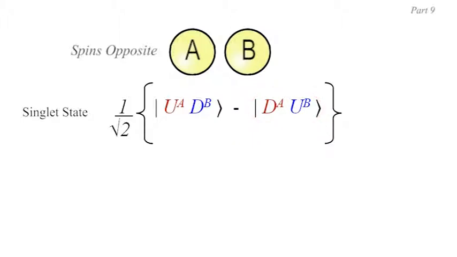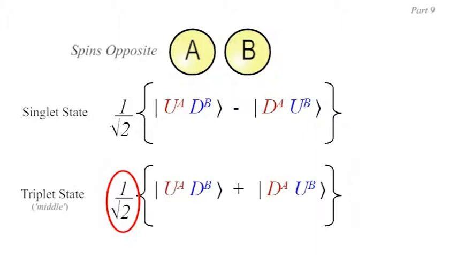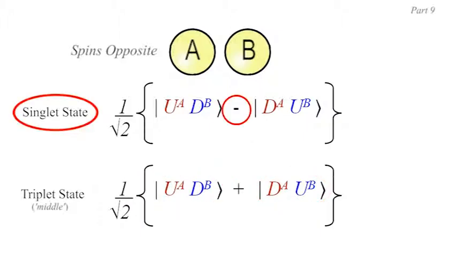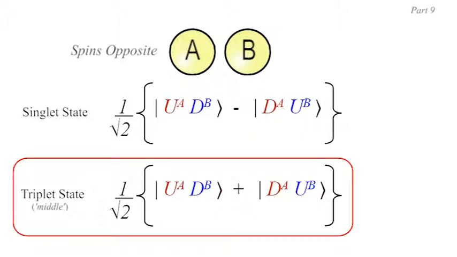The second thing to notice is that this state is very similar to the 0 measure in the triplet state, the middle state, which I quoted as 1 over root 2 up down plus down up. However, this singlet state has a minus sign between the two parts instead of a plus sign. As I mentioned earlier, I don't intend to discuss the triplet state in any more detail.